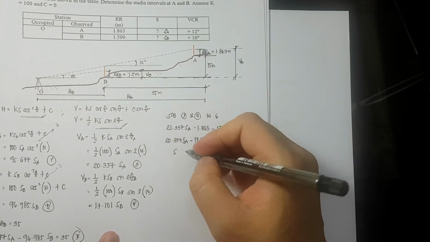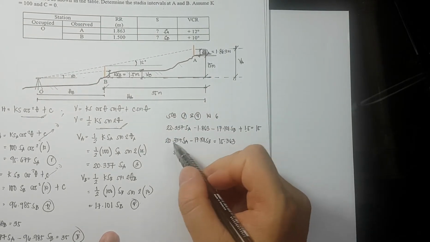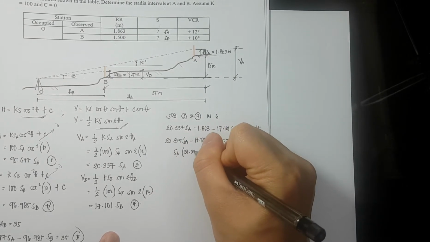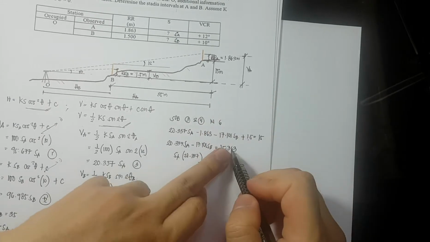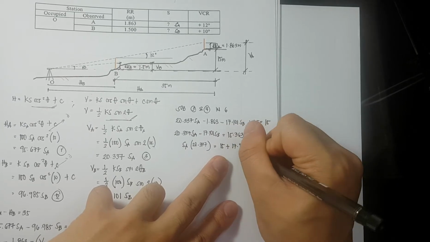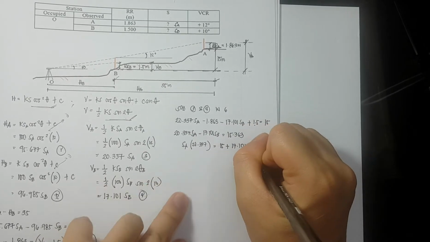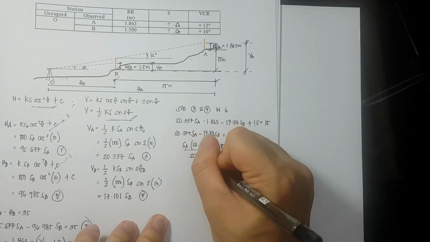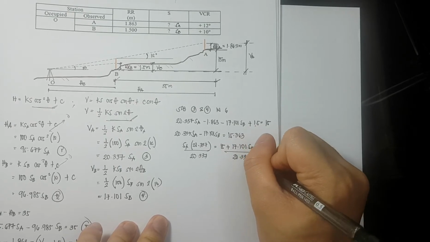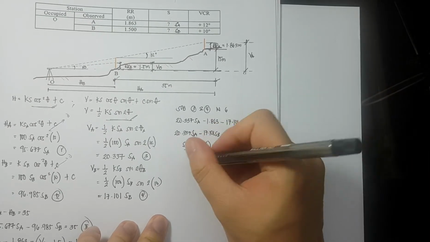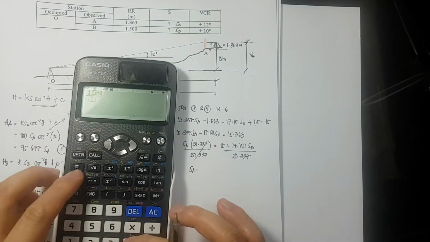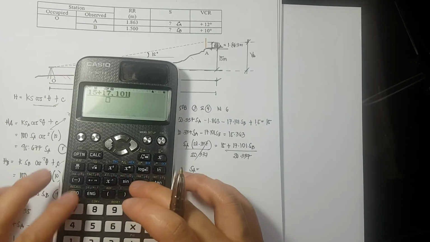So isa-isahin natin. We have SA times 20.337 is equivalent to 15.363 plus 17.101 SB. So divide both sides by 20.337. Okay? So that will simply cancel out. So SA is equivalent to 15.363 plus 17.101.